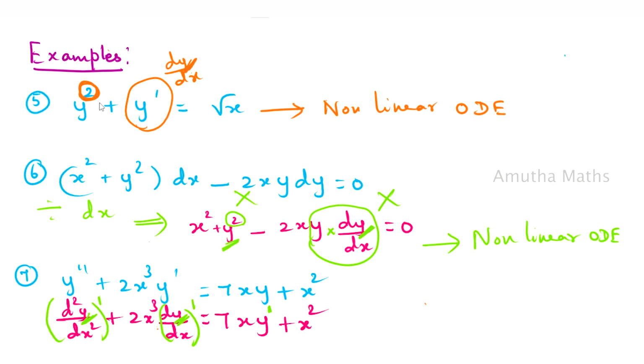And they are not multiplied together. There are no trigonometric or logarithmic functions of y or its derivatives involved in the ordinary differential equation. So this is a second order linear ordinary differential equation. Here x square is allowed. Only y square is not allowed. x is an independent variable, so x square is allowed in this equation.